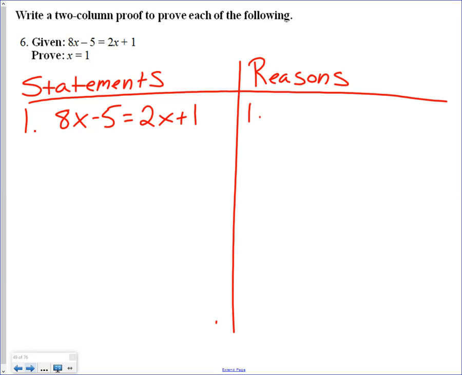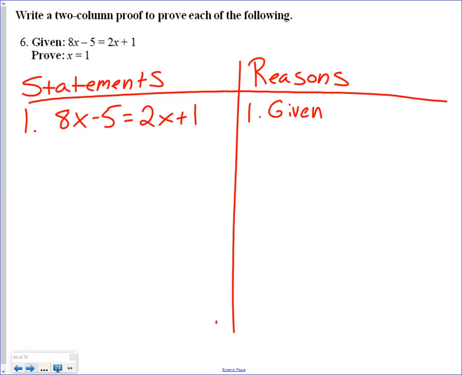I said there's one more thing that you should always have, and that is your reason for this. How do we know that 8x minus 5 is 2x plus 1? It is given. Your first step is nearly always going to be given. If it came from where it says given, then yes. Then yes, it will be given.